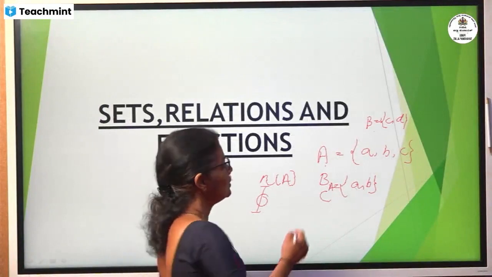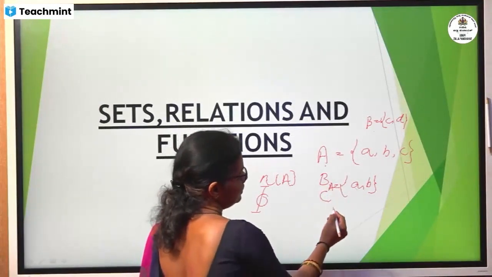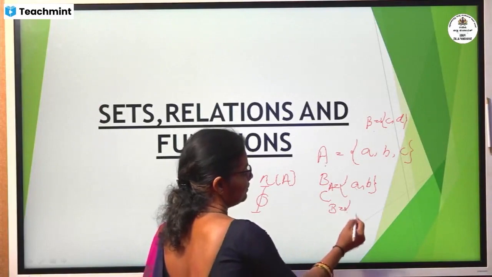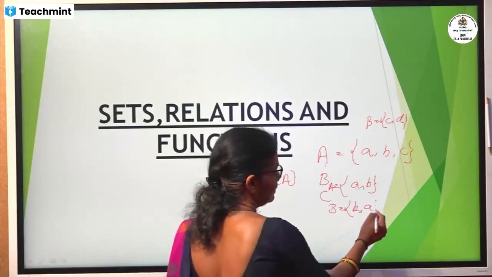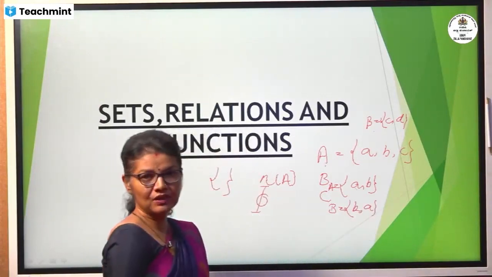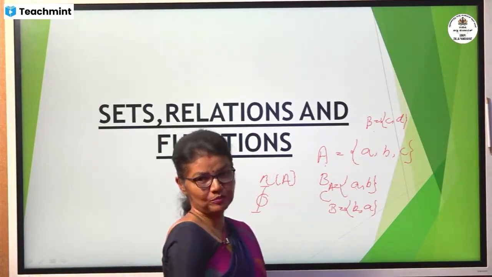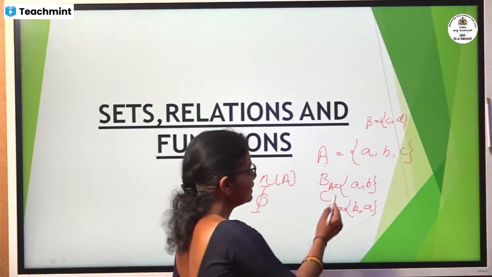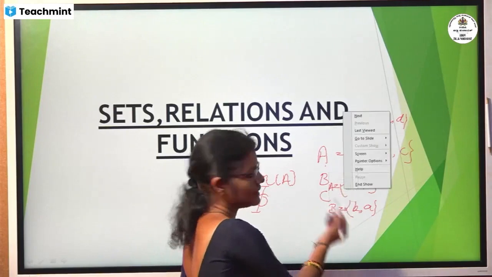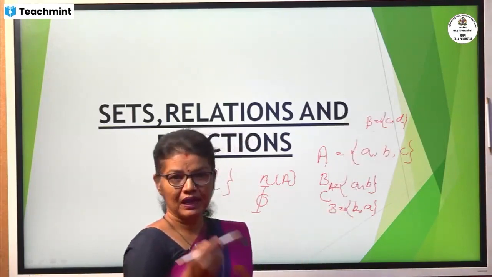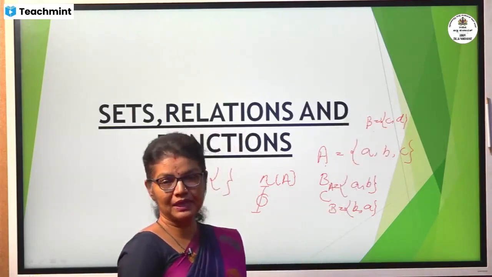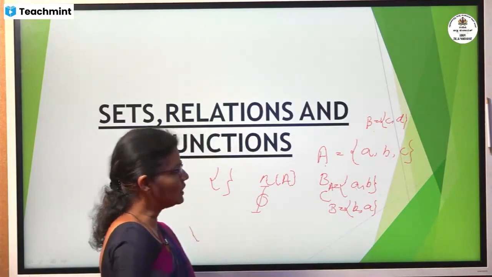So, set A equals set B only when the cardinal number is equal and the elements are the same. Means every element of A is an element of B and every element of B must be an element of A. Then only we can say that they are equal sets.